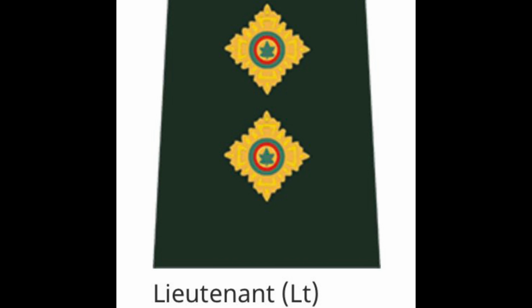The next rank we're going to look at is Lieutenant. Lieutenant is identified by 2 pips. A Lieutenant within an Army Reserve unit will be either the platoon or the troop commander. Their role is basically overall command of a 30 to 40 man and woman platoon.